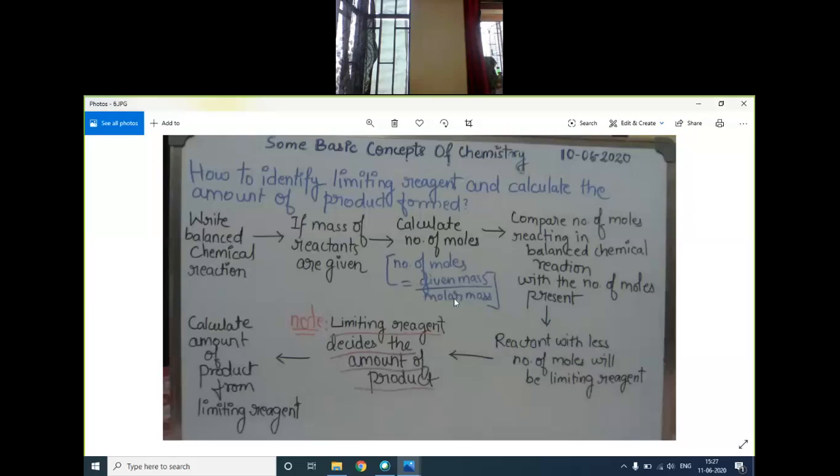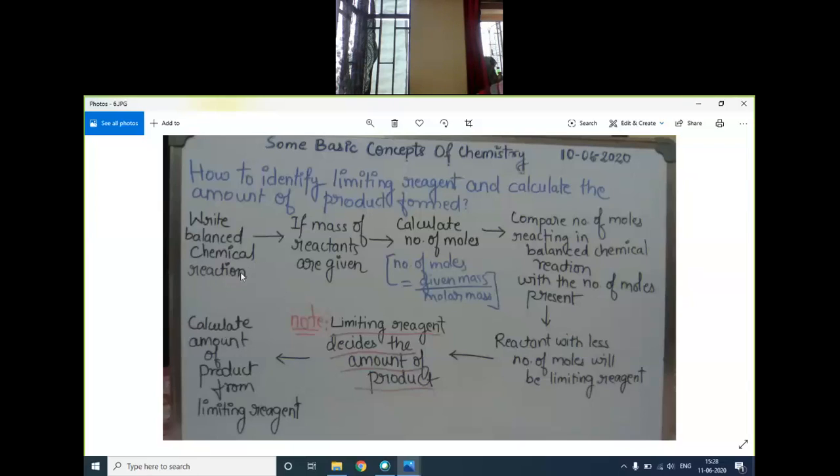Now after getting the number of moles of reactants, we can compare the number of moles reacting in the balanced chemical reaction and the number of moles present. There are two things. There is a balanced chemical reaction, so there is a fixed number of moles that are reacting.